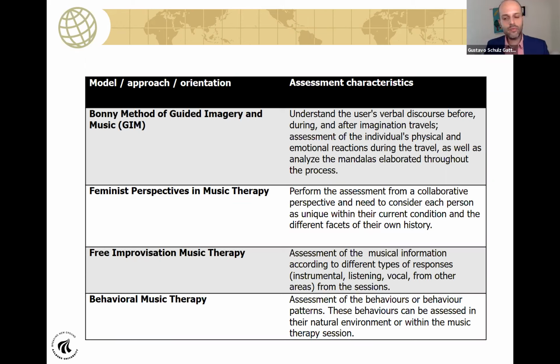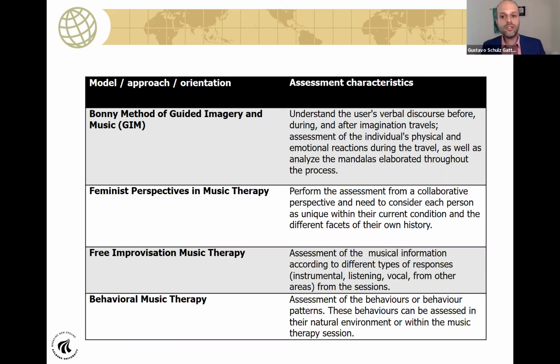But in the feminist perspectives in music therapy, we have assessment performed from a collaborative perspective, which needs to consider each person as unique within their current condition and the different facets of their own history.